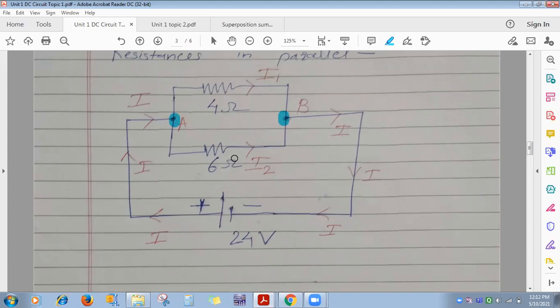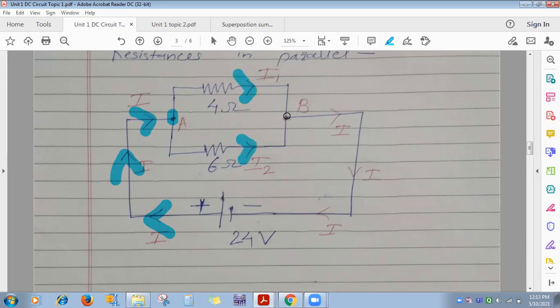So two conditions you have to check. If you observe here, the conventional direction of current I will start from the positive terminal of the battery and move toward the negative terminal. Once this current reaches node A, junction A, what is happening? It has two paths. Some current will flow through 4 ohm and the rest will flow through 6 ohm.